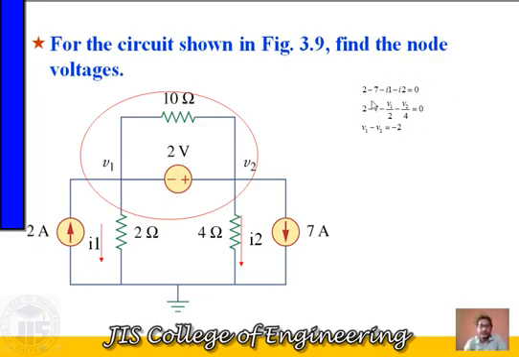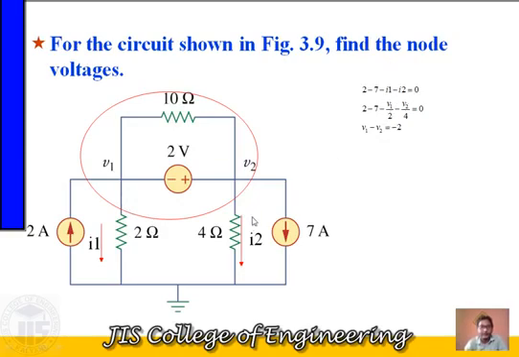In this KCL equation, 2 ampere is there and 7 is there, these being the values of the current sources. I1 is the current from this super node to ground, and it originates from the voltage V1 to 0. So in place of I1 we can write (V1 minus 0) divided by the resistance of this path, that is 2.